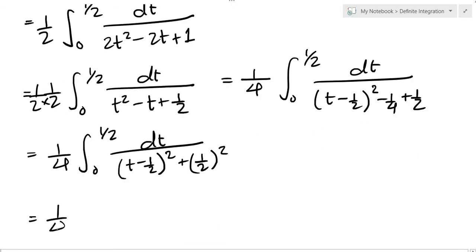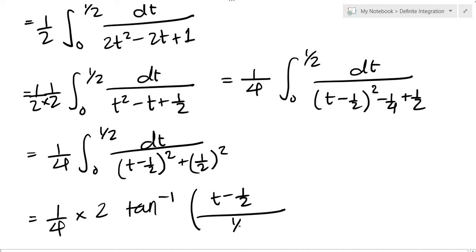And now there was a special formula for this, and that was 1 over whatever this thing was. So in this case 1 over half is just 2, tan inverse of t minus half all over half, and then since it's a definite integration we have to put the limits like this.